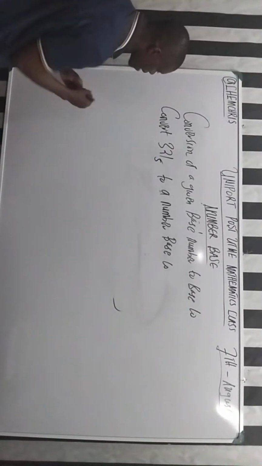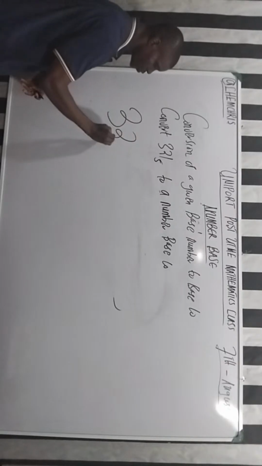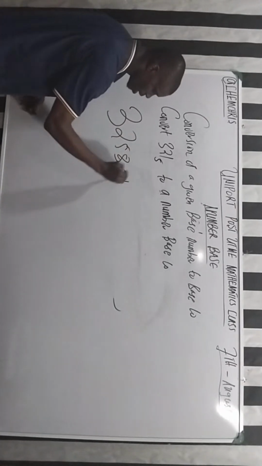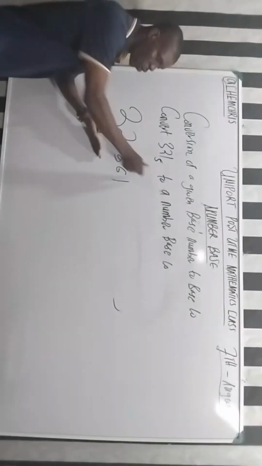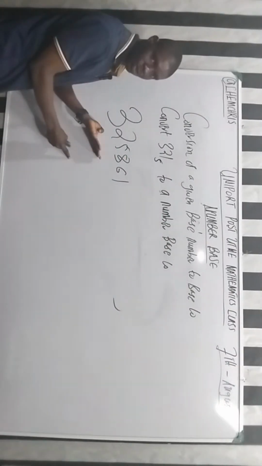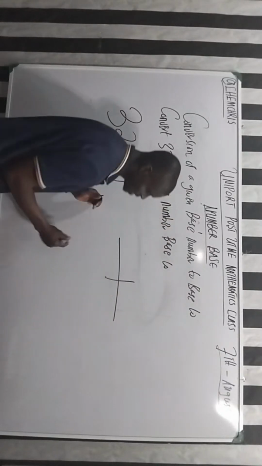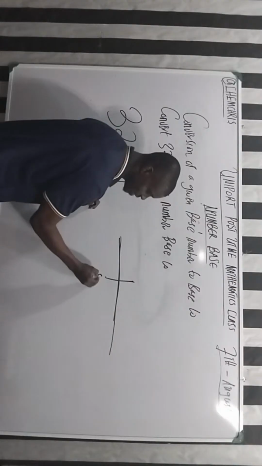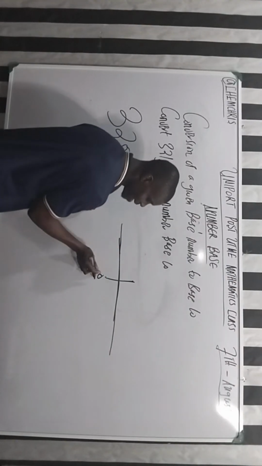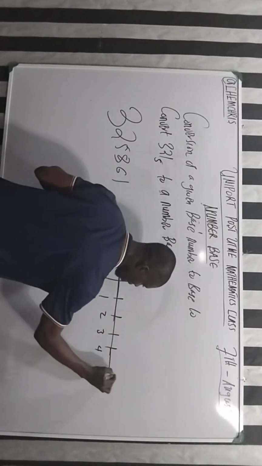Now, remember, if you have something like this, let's say you have 32586, right? Each of these digits has its own position. In the number line, we have 0, then 1, 2, 3, 4, and 5.